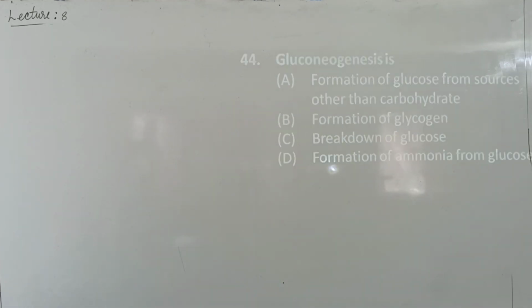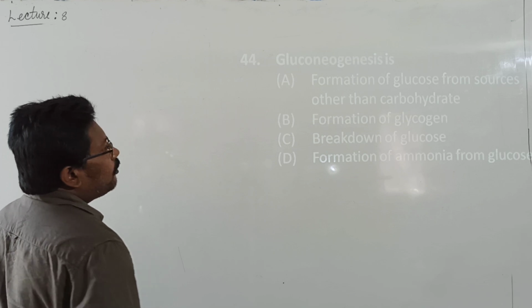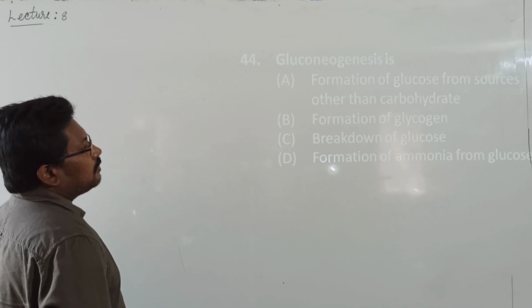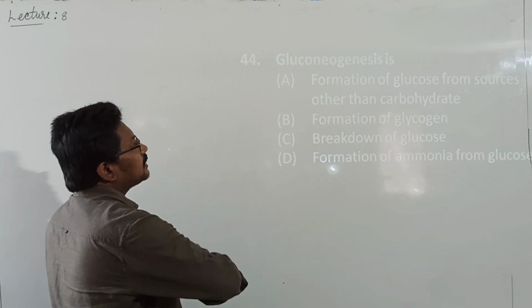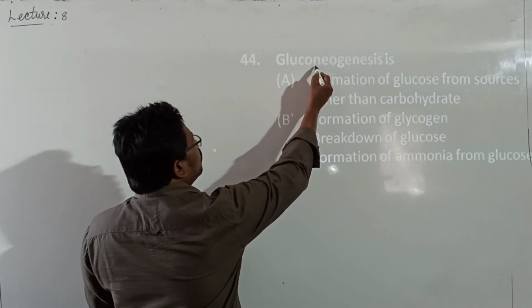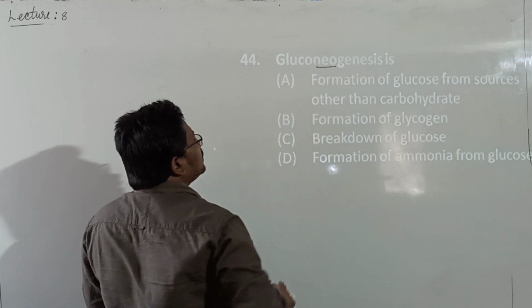Then let's see gluconeogenesis. What actually is gluconeogenesis? Gluconeogenesis is the formation of glucose from sources other than carbohydrate. As the name mentions, neo means new, and genesis means production.